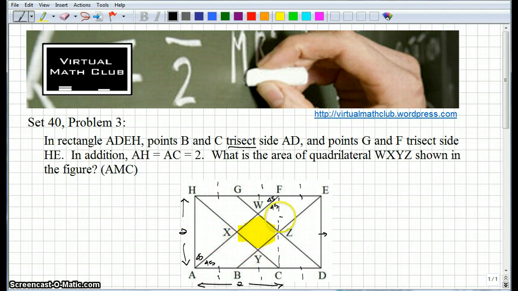One thing you might notice is that we've determined that this is 45 and this is 45, and up here we got a couple more 45 degree angles, and with the same reasoning we can show that this is 45, this is 45, this is 45, this is 45. This has to be 45. This has to be 45. This has to be 45.